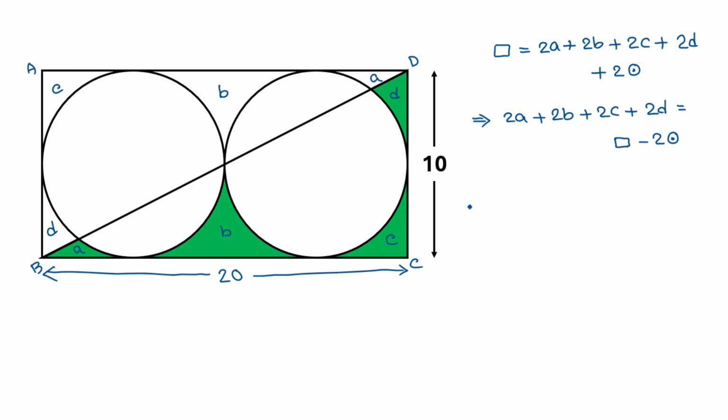Now dividing both sides by 2, we will get the area of A plus B plus C plus D is equal to half of this rectangle area minus this half, and 2 will cancel and it will be the area of circle.